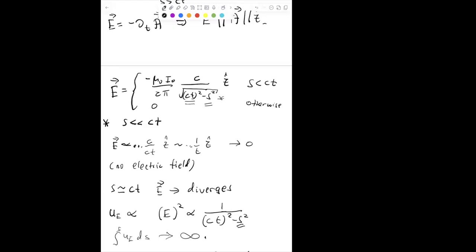What do I mean here, close to the light cone? Close to the case x equals CT, you'll have a different behavior, because you switch it on slowly and then you will not have this divergence.